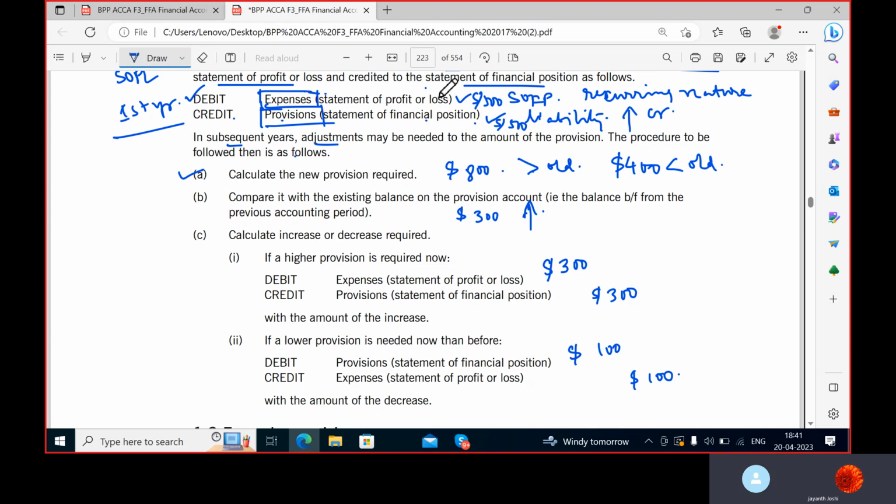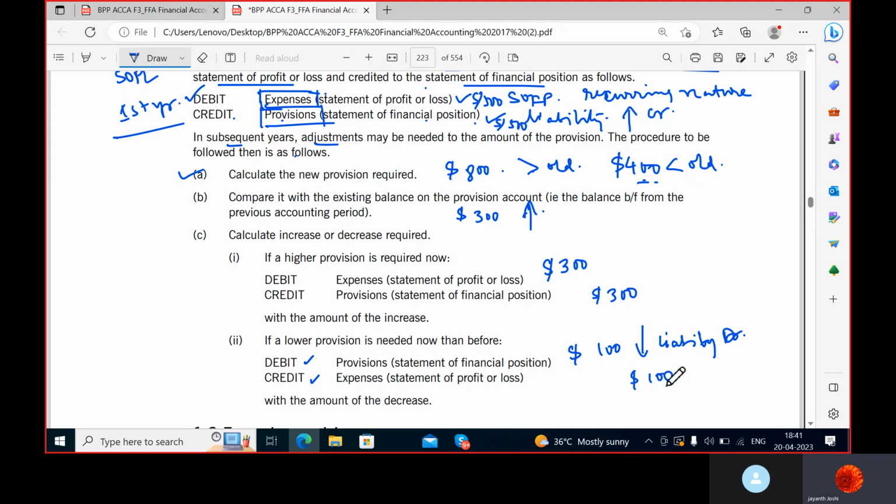Old provision was 500. Now if the new provision is 400, that means there is a decrease of 100, na? Yes, ma'am. So in that scenario, we'll pass a reverse entry, debit provision and credit expenses. Why? Here our liability is decreasing. And when our liability decreases, we show it in the debit side. Clear?